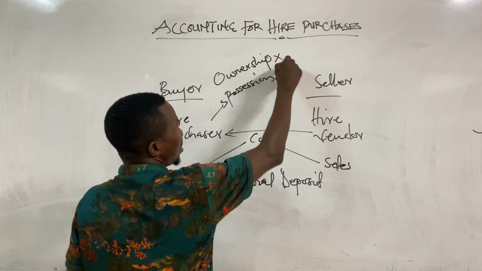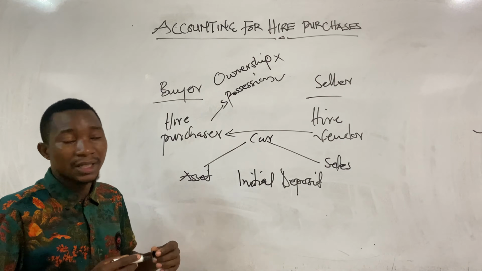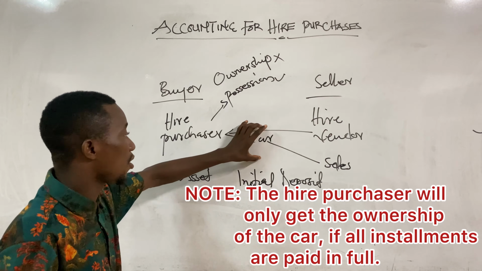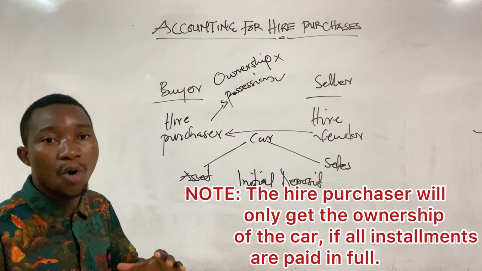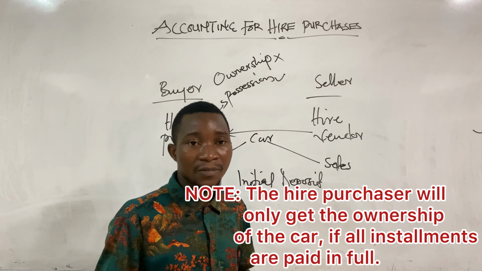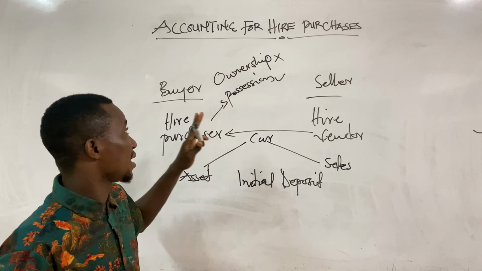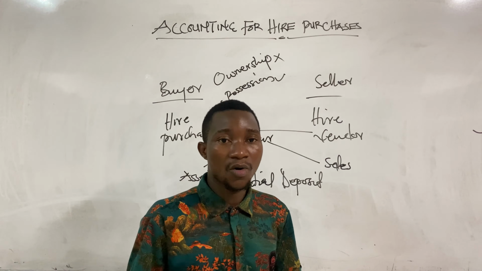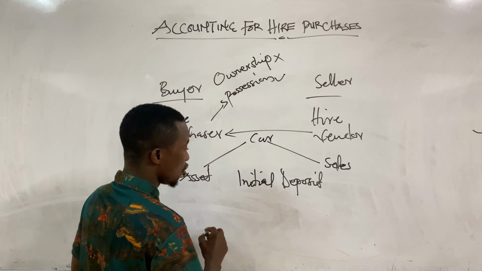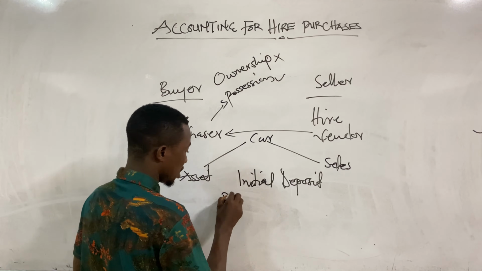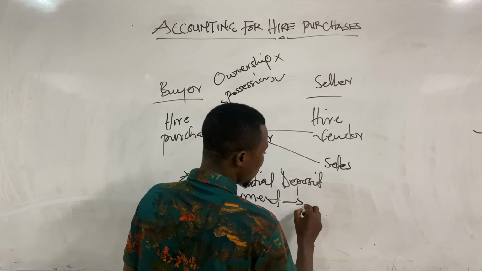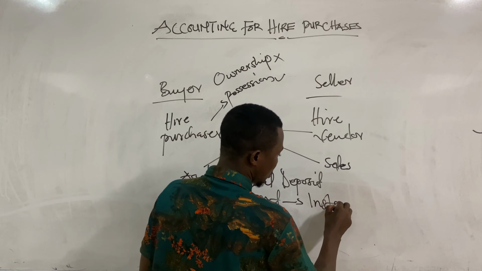The hire purchaser will only get ownership of the asset after all payments have been made. And as I told you, in a hire purchases contract, the payment will be made in installments.